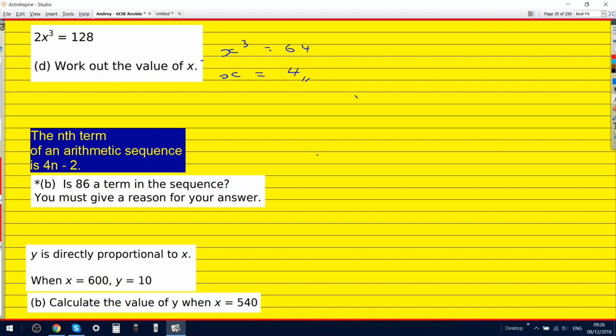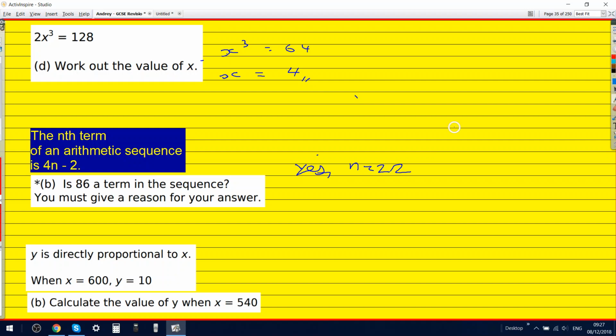Okay, how about the middle one? So yes, it is, because 4 times 22 minus 2 is 86. That's it. N equals 22. What is the reason for your answer?